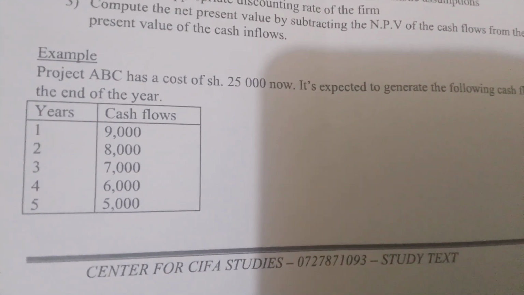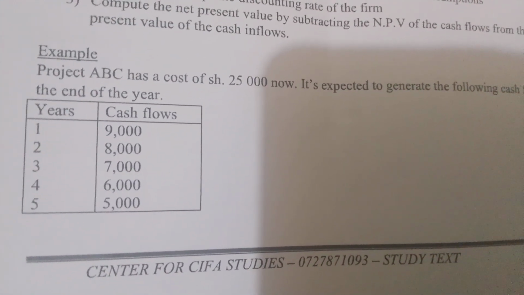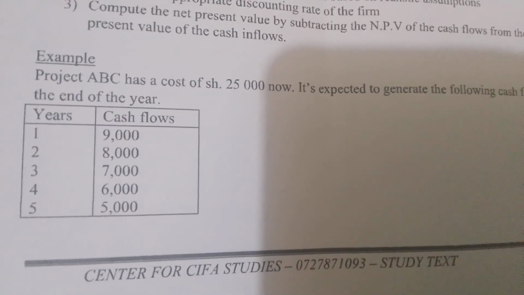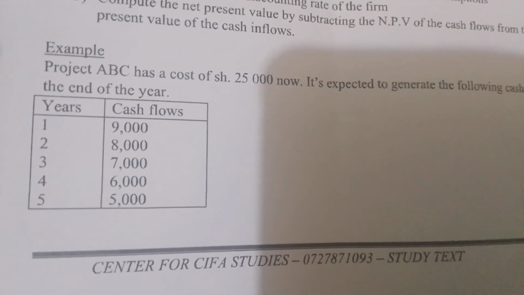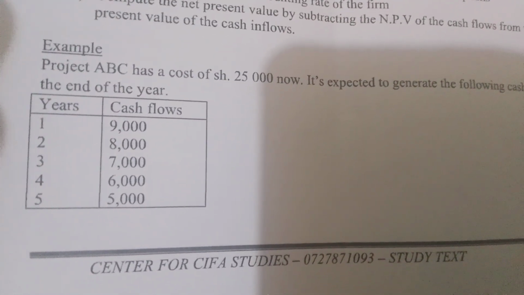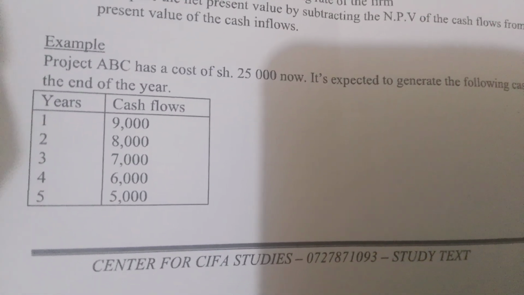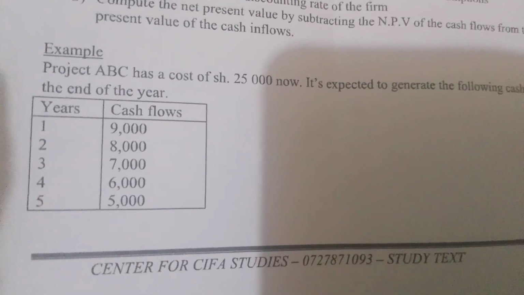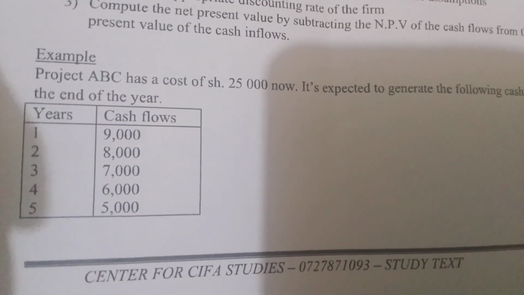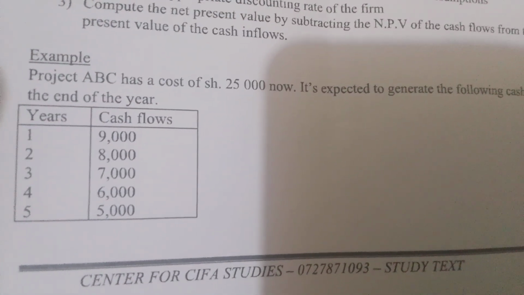We can only arrive at that particular conclusion by calculating the net present value. That is, we get the present values of these futuristic cash flows from year 1 to year 5. We get their present values.